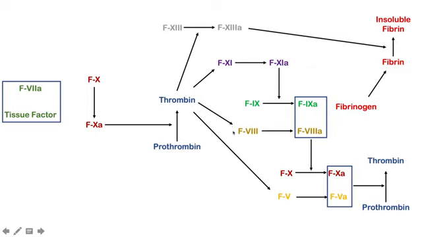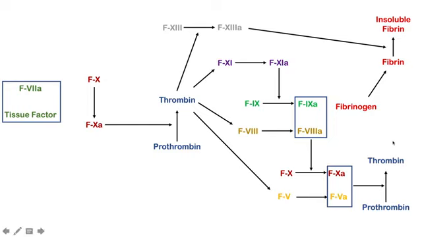Factor 8 deficiency, again, is hemophilia A, and factor 9 deficiency is hemophilia B. So you can imagine if you have low levels and low activities of these factors, we're not going to get proper fibrin clot formation because we're not getting activations of large amounts of thrombin. So that's the reason why we get an inadequate formation of fibrin clots. We get platelet plugs, but we don't quite get an adequate functioning of secondary hemostasis simply because of deficiency in these two factors.